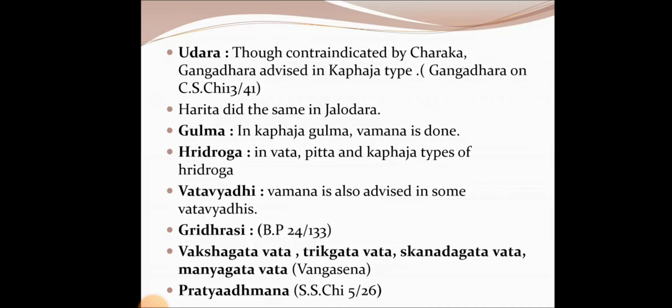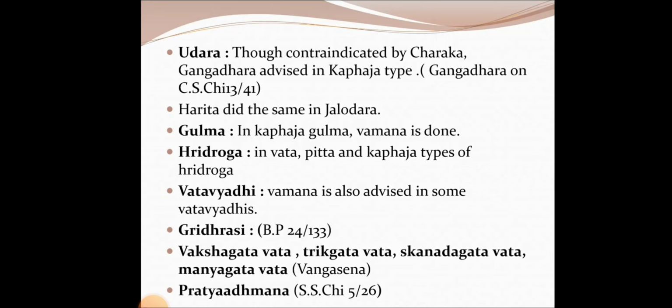Next slide. Even though some diseases are contraindicated, some acharyas have mentioned to do Vamana. Some examples are in Udara, though it is contraindicated, Gangadhara advised to do Vamana in Kaphaja type. Also, Harita has advised to do the Vamana in Jalodara. Next is Gulma.